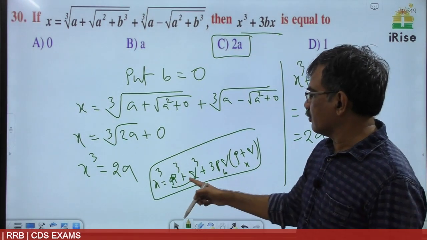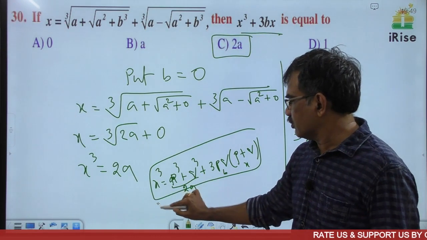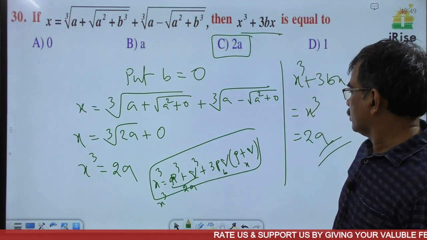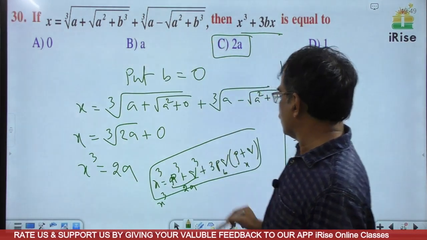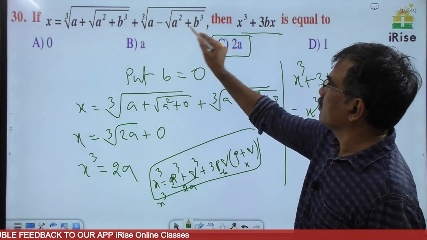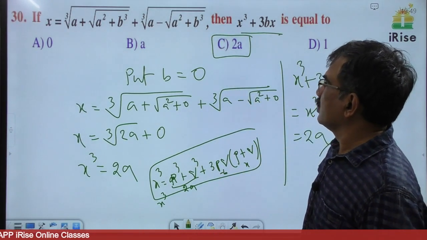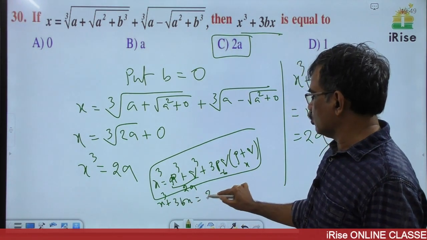And if you sum p cube plus q cube, we get the value as 2a. x cube, I think this is minus 2b cube, minus b cube we get. p cube can be written as minus b. If you transfer this, x cube plus 3bx is equal to 2a.